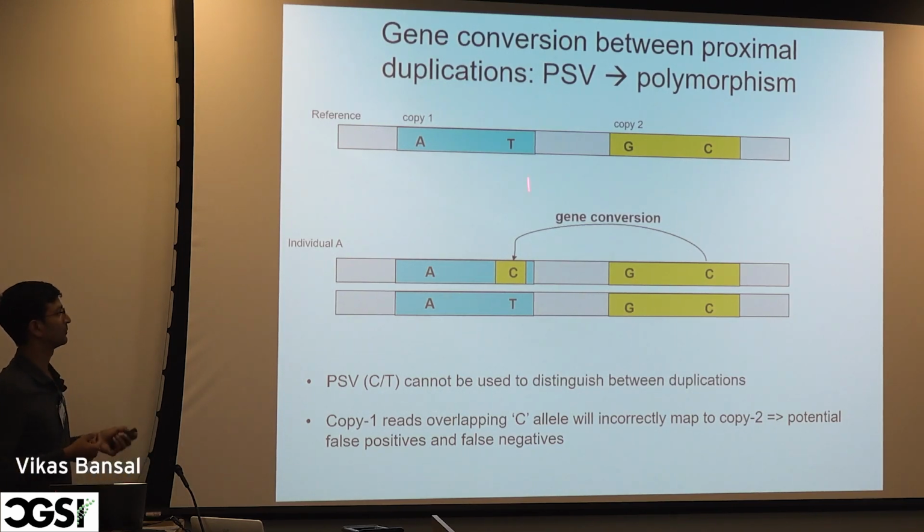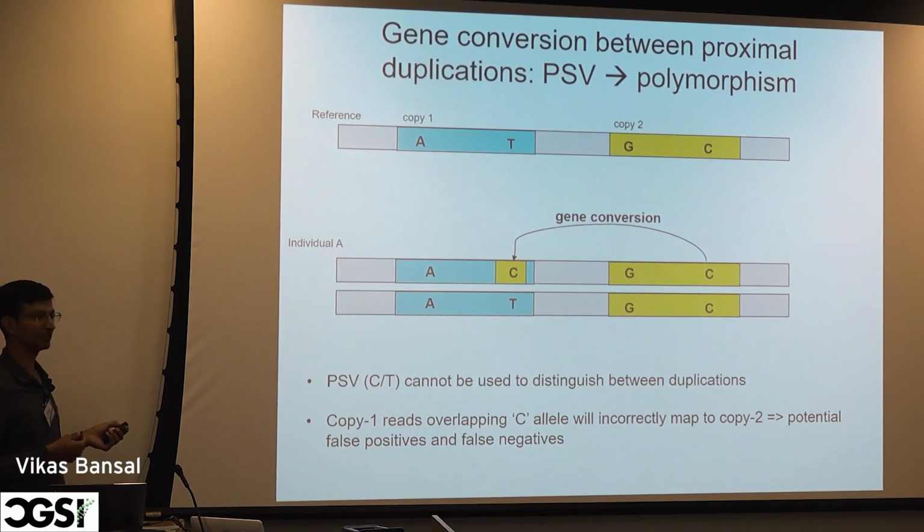So in this example, we have 2 PSVs, this A corresponding to the G, and then T and C. If gene conversion happens and copies over a small stretch of DNA from this C allele over to this copy, then this individual doesn't have the T, but the C allele at this position.